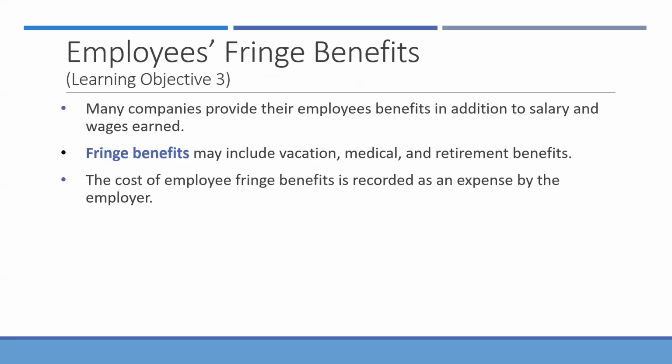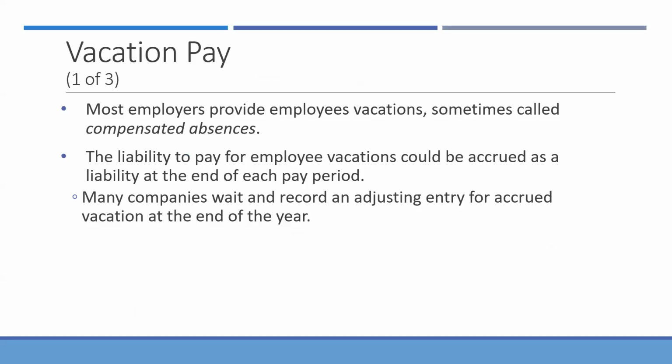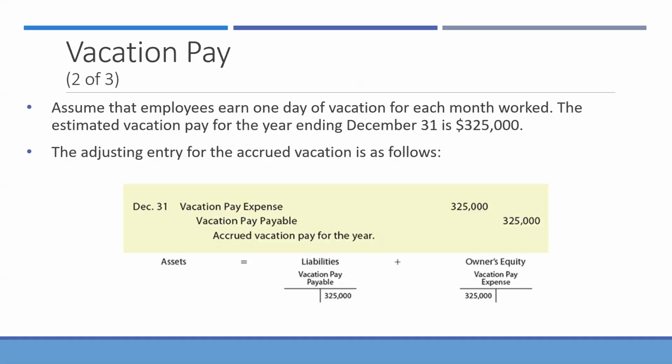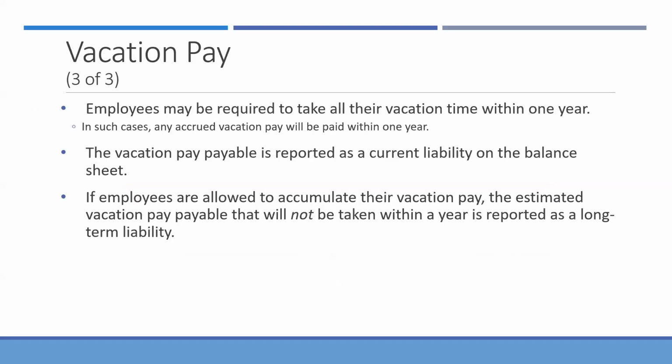And fringe benefits, we also talked about vacation pay last week or last Tuesday. And companies do have to record vacation pay expense and vacation pay payable for any accrued vacation days that are owed to the employees as of the end of the period. And it's a current liability, assuming that the vacation is expected to be used in the current year.